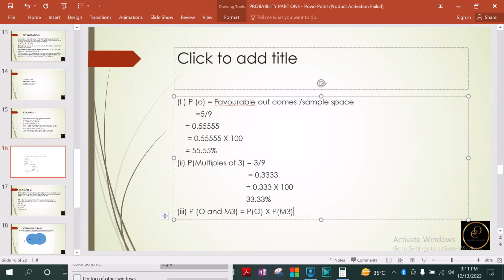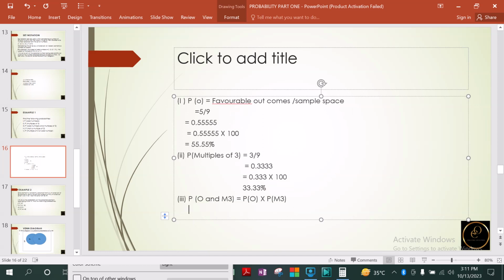The probability of odd numbers is 5 out of 9, multiplied by the probability of multiples of 3, which is 3 out of 9.